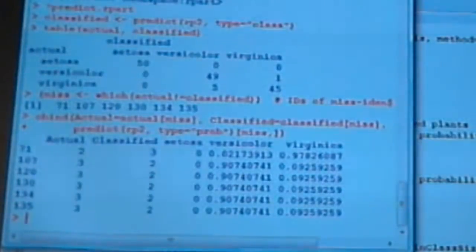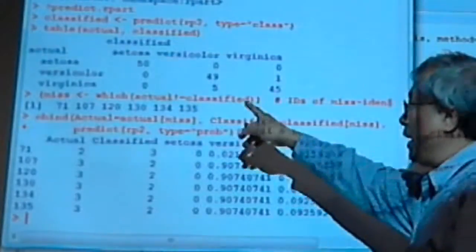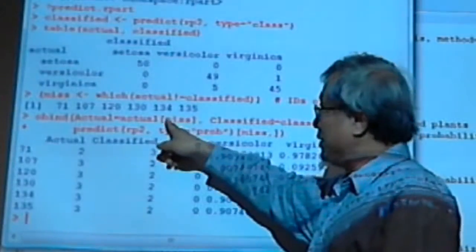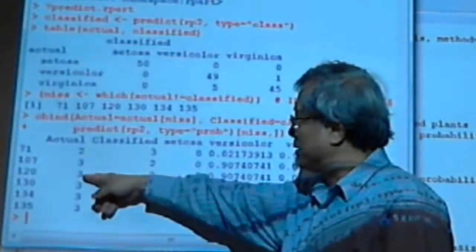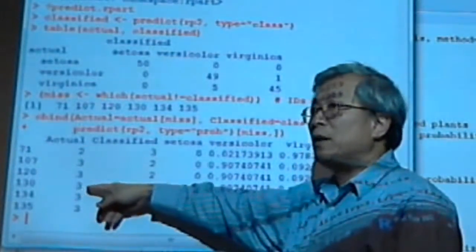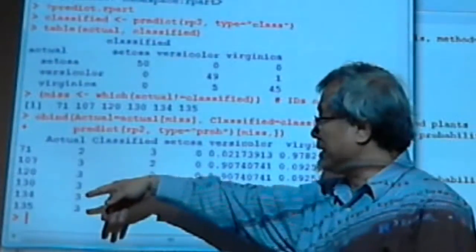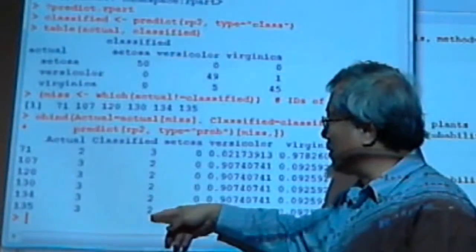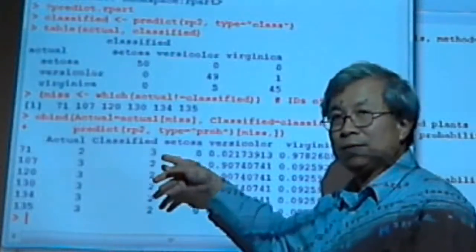combine the actual membership, classified membership, and class posterior probabilities of the misidentified prints by doing this. Of course, let me run this. So if I put this all together, I only look at the misidentified individuals. Here, these are the actual membership of these misclassified prints. And here, these are the classified membership. So you know there's a mismatch, right?